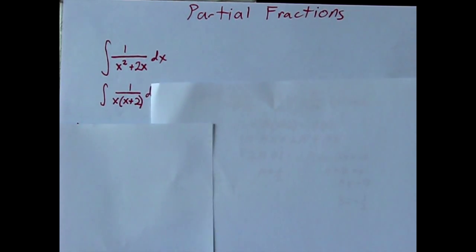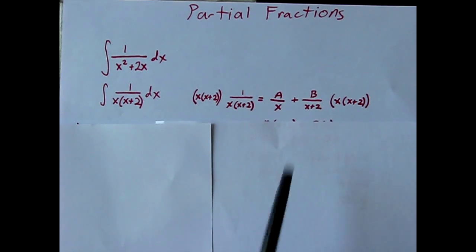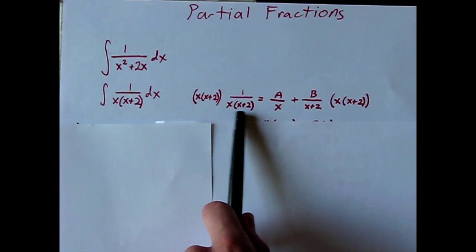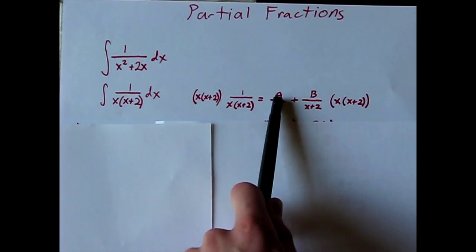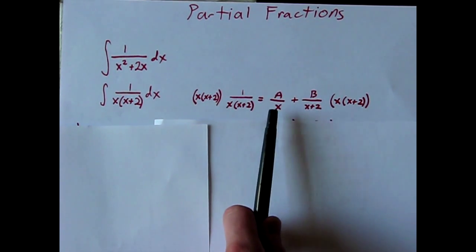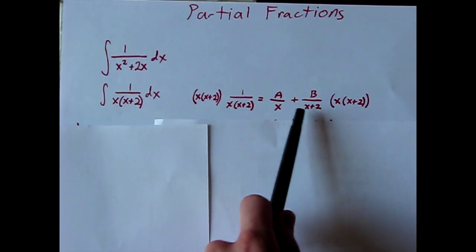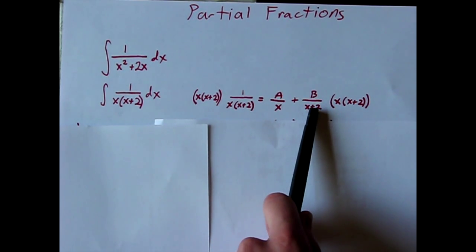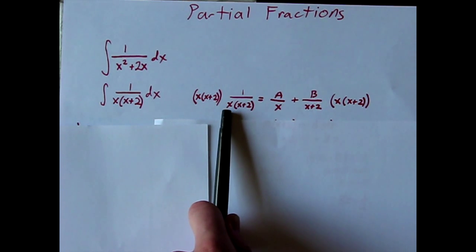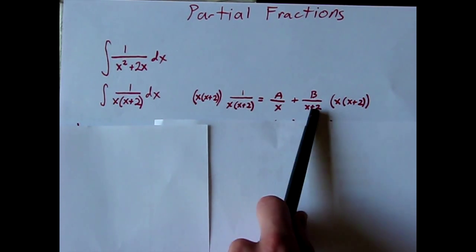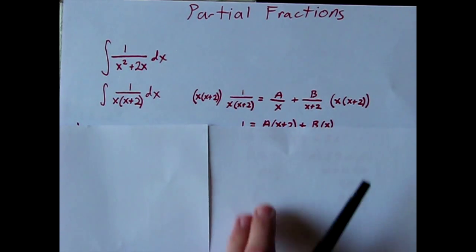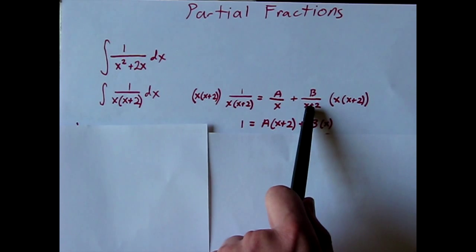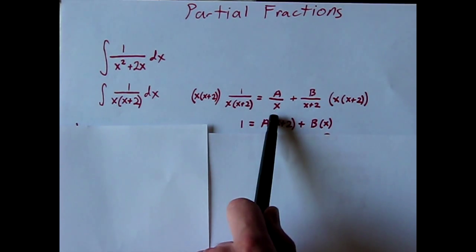When you have something like this, you can create an equation, such as 1 over x times x plus 2 is equal to a, for any random variable, over x plus b, just another random variable, over x plus 2. You then multiply the denominator to both sides, which will end up canceling, and you will get 1 equals a times x plus 2 plus b times x.